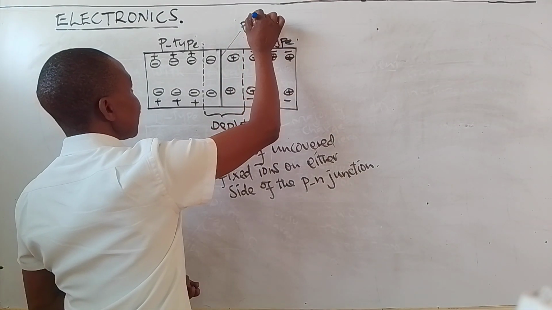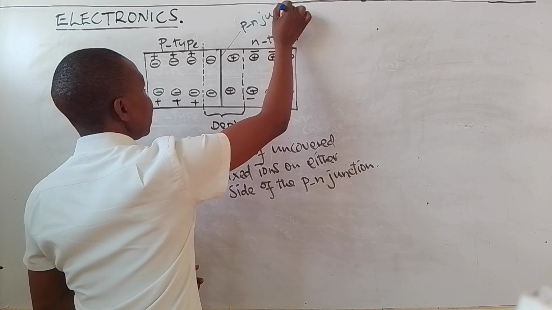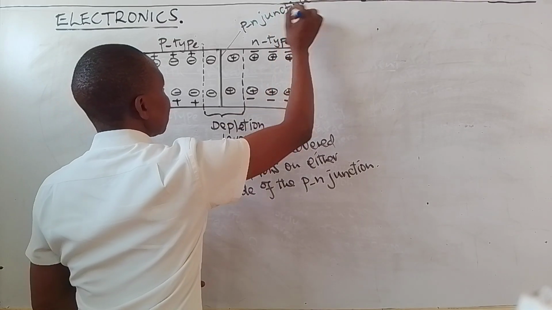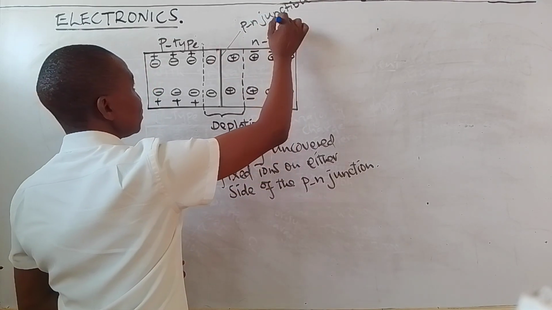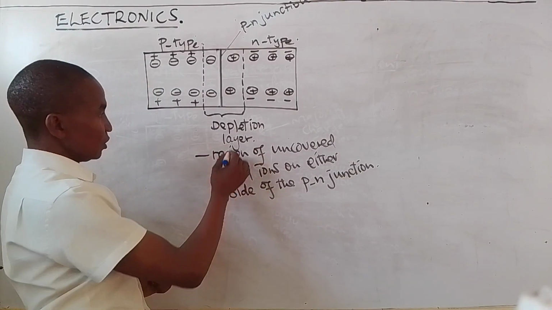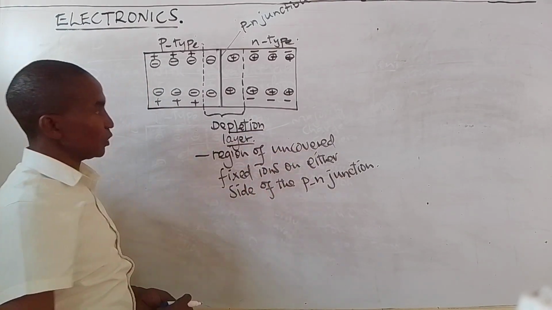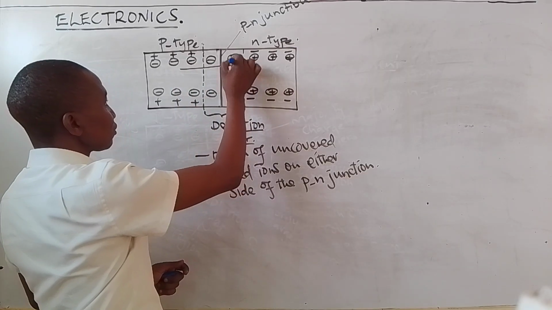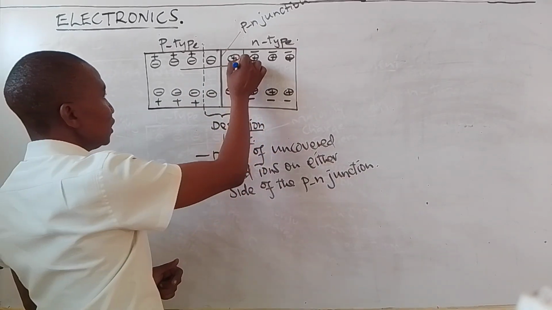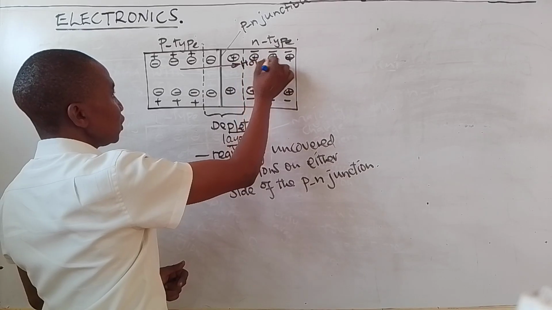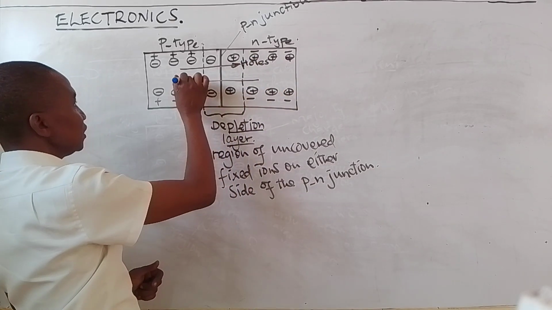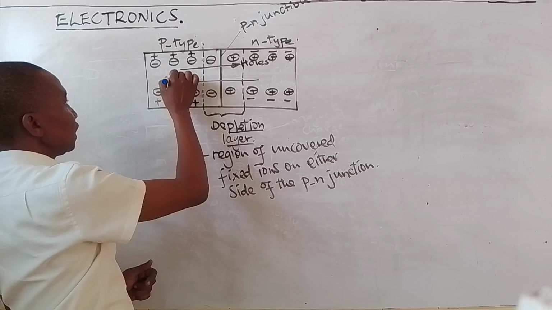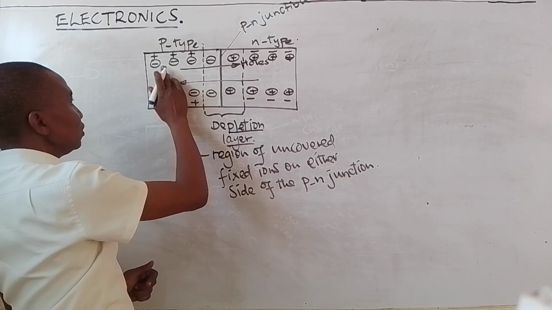That region of uncovered fixed ions on either side of the p-n junction is what we call the depression layer, caused by depression of charges as holes diffuse from the p-type to the n-type region and as electrons diffuse across the p-n junction from the n-type region to the p-type region.